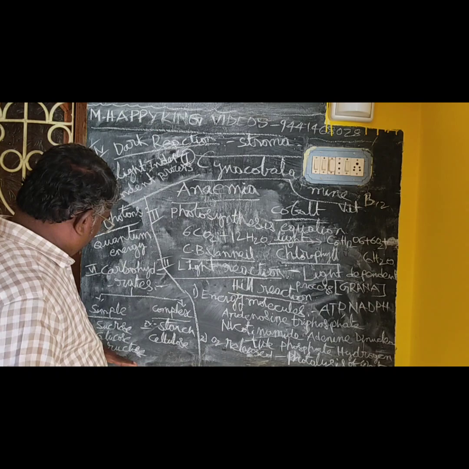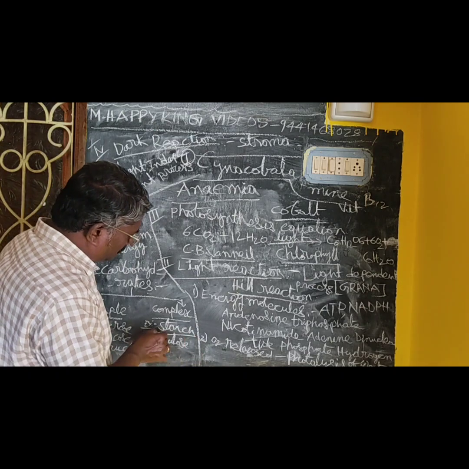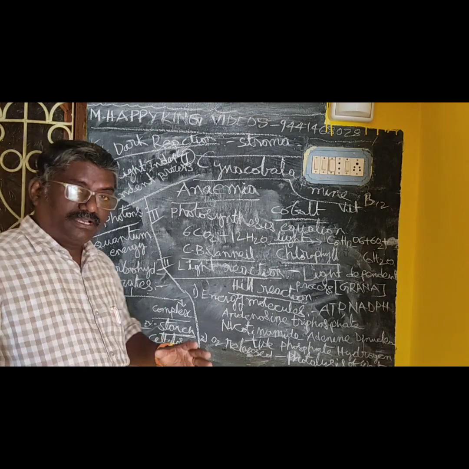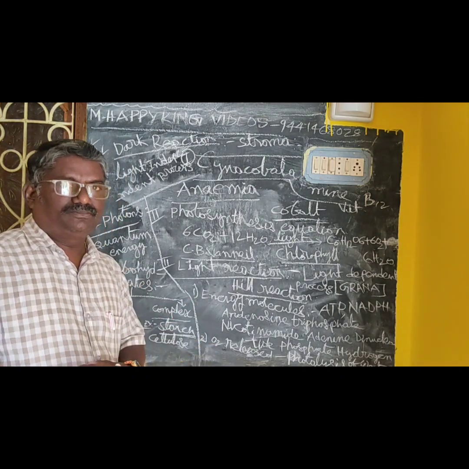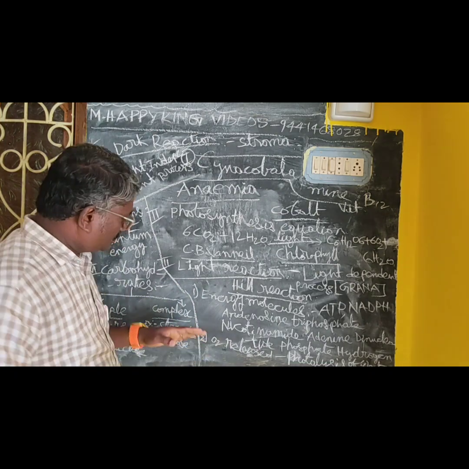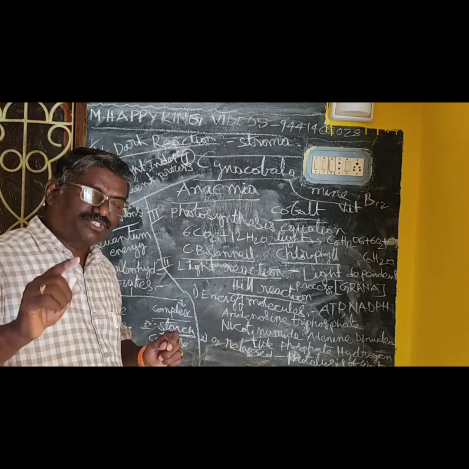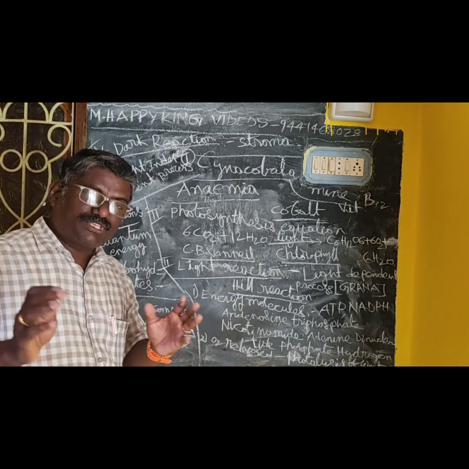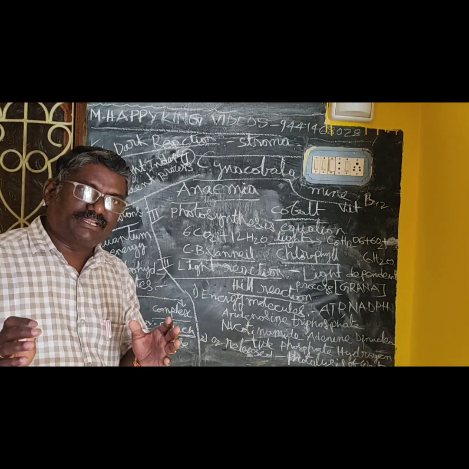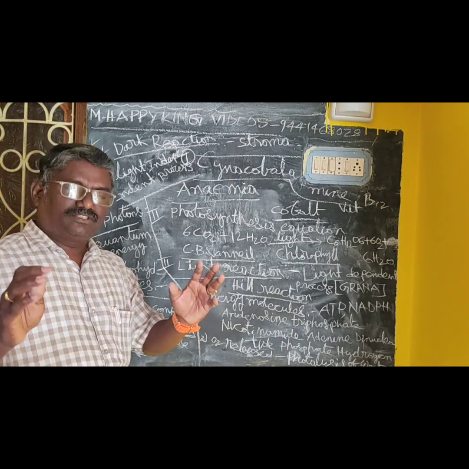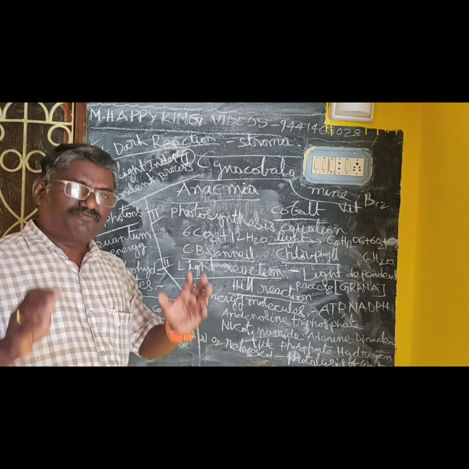So starch is the storage form of carbohydrates in plants. They can store the food material in the form of starch.